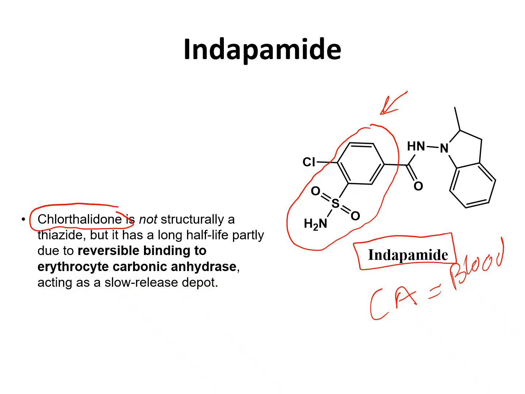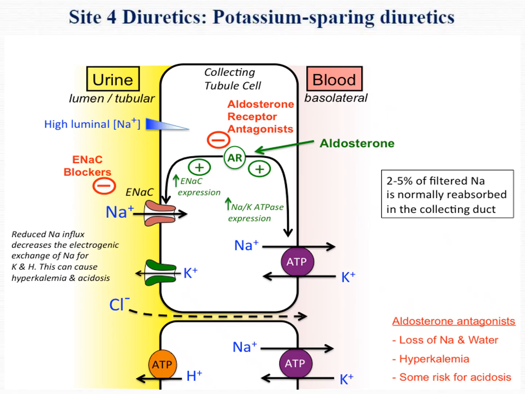Okay. All right. So let's talk about the next class of diuretic compounds: the potassium-sparing diuretics. These diuretics work on the late distal convoluted tubule and the collecting duct, where only about 2% of the sodium gets reabsorbed.